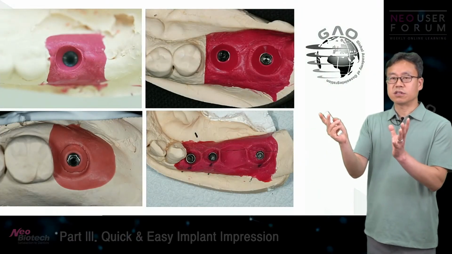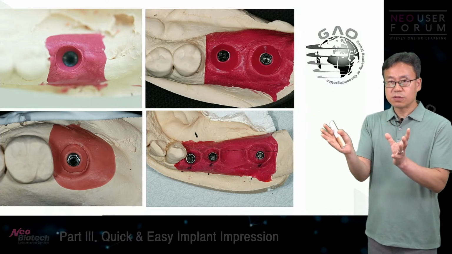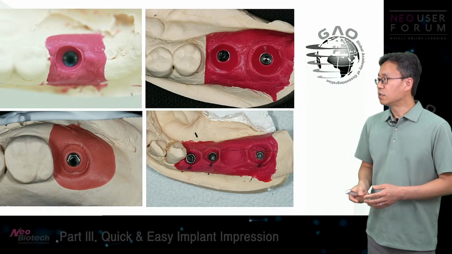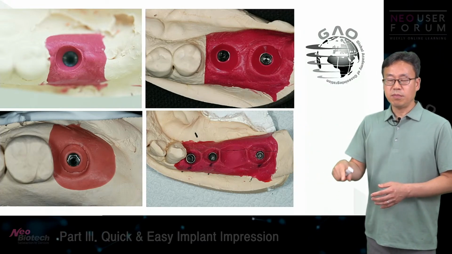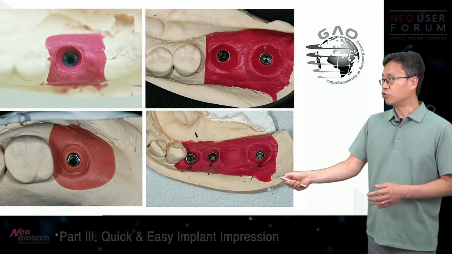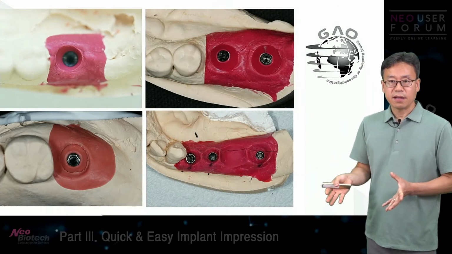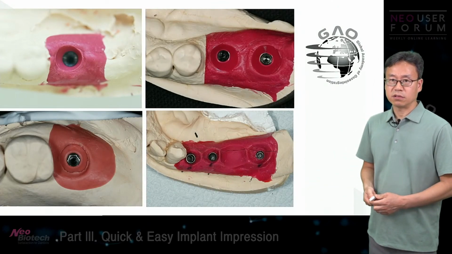If the sulcus on the model is too small, what the lab technician does is trim around the implant, the soft tissue, or the gingy mask in this case. They just trim it and then start making the final crown.